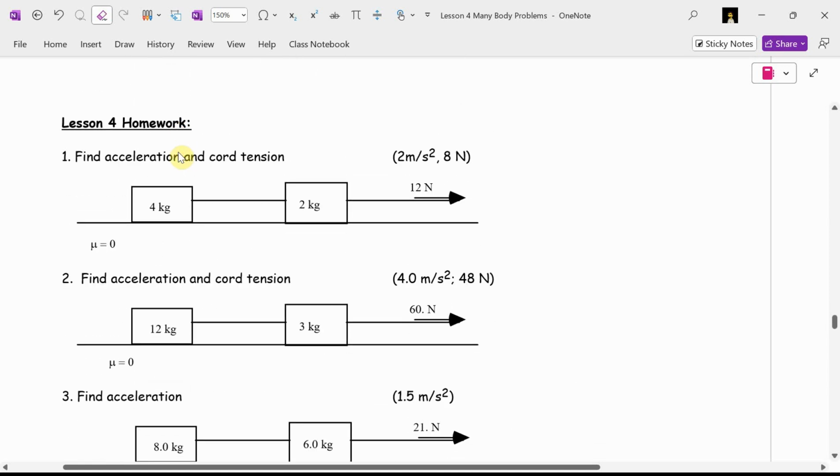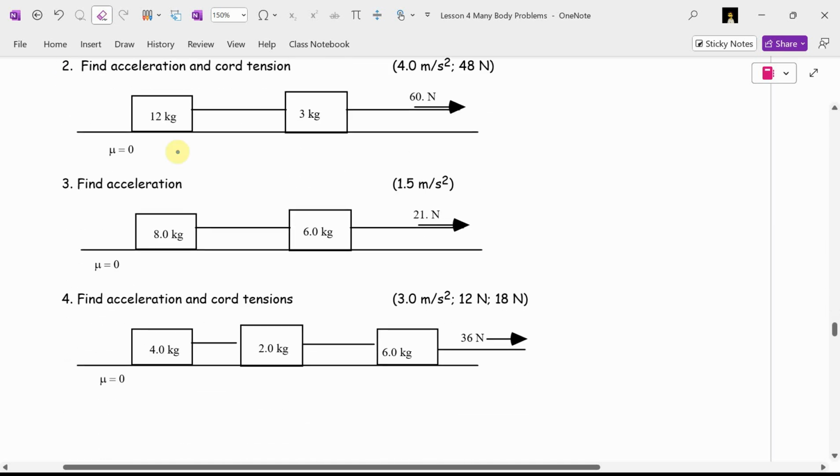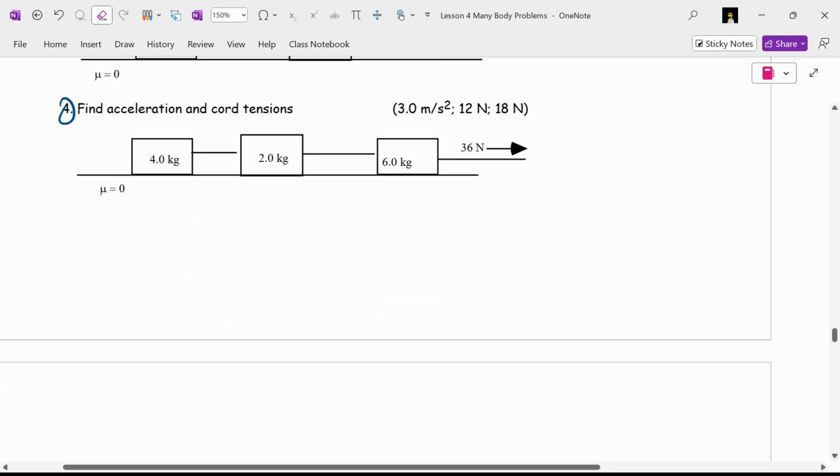But if you want to get a head start, you're capable of doing number 1. Number 1 and number 2 are identical. If you get number 1 right, you can skip number 2. You can skip number 3. 4 is good.